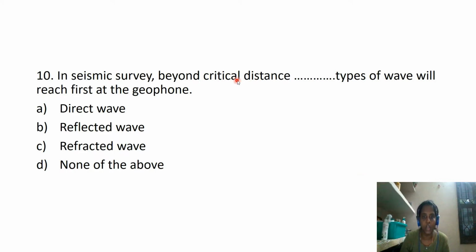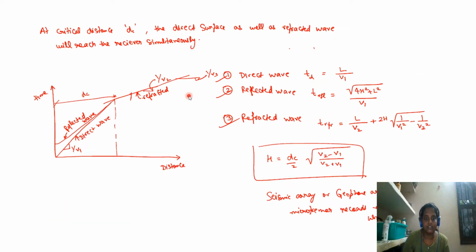In seismic survey, beyond the critical distance, which type of waves will reach the geophone first? Critical distance means, I can show you a picture. When you plot time versus distance, the critical distance is where your direct surface wave as well as your refracted wave will reach the receiver simultaneously. So this is your critical distance.